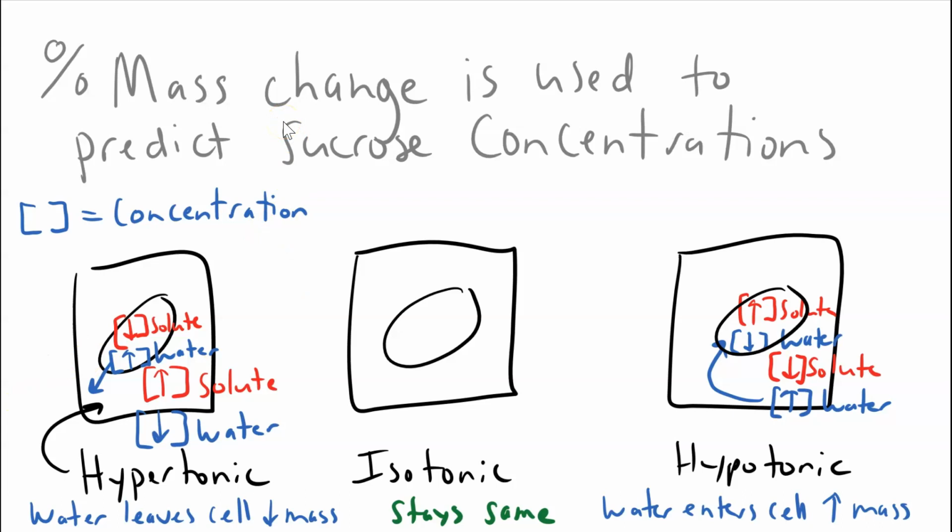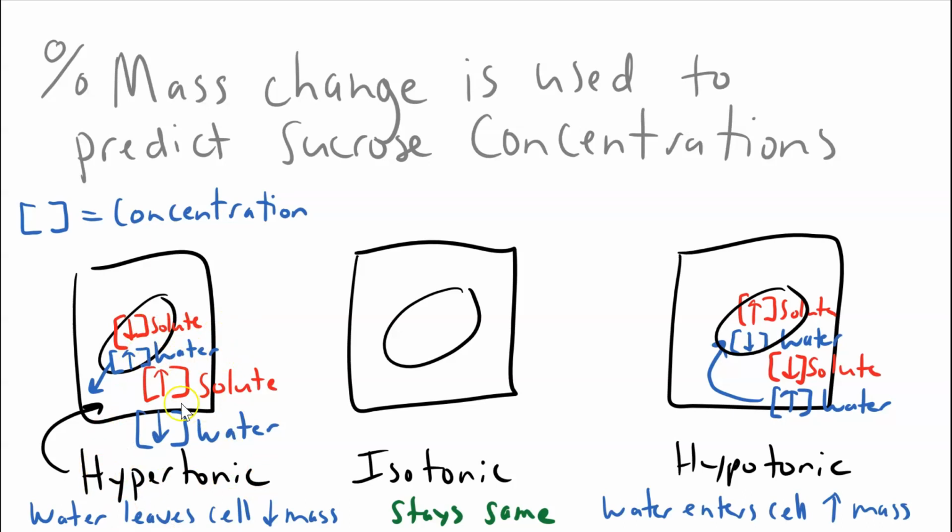A reminder about the types of solutions that we're working with, the tonicities, if you will. If you're in a hypertonic solution, that means the solution outside of the cell relative to the inside of the cell has higher concentrations of solute and lower amounts of water. Conversely, the inside of the cell has lower solute but more water.